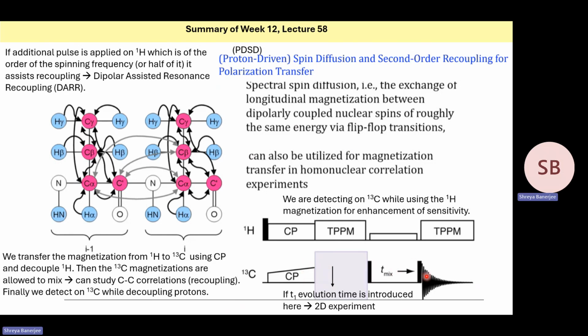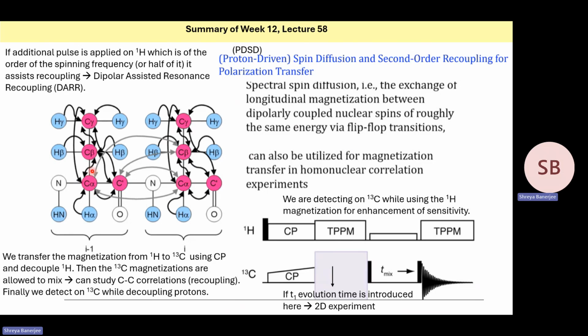That is a time for mixing of the magnetization of the 13C. During this time, the magnetization can transfer from one 13C to the next 13C of the same amino acid, or to the 13C of the previous amino acid. Or if you allow even more time for mixing, the magnetization can transfer to the 13C of some other amino acid that is close to it in space. If it is within the same amino acid, you will get the TOCSY information.